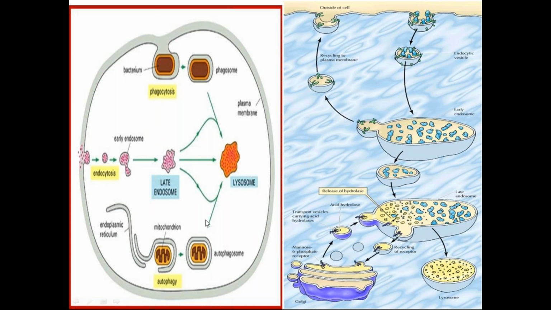These are the three pathways, and ultimately they are mixing with this lysosome, and this lysosome is then breaking down the things. If you are talking about phagocytosis, there is one important receptor which is present, and it is called the Clathrin receptor.